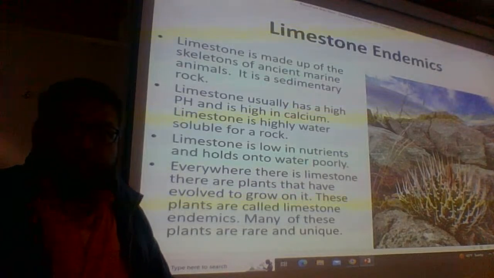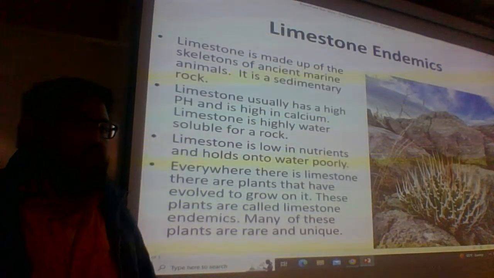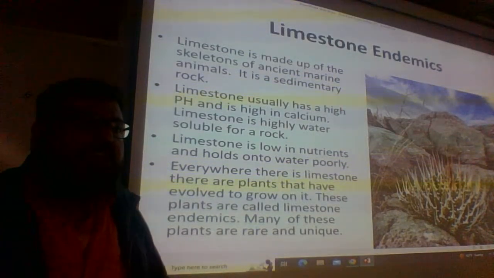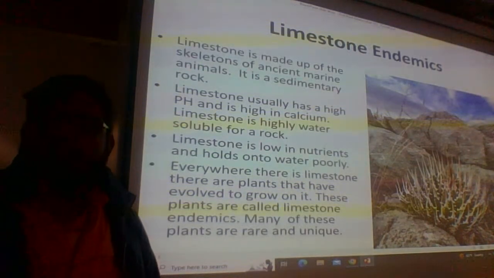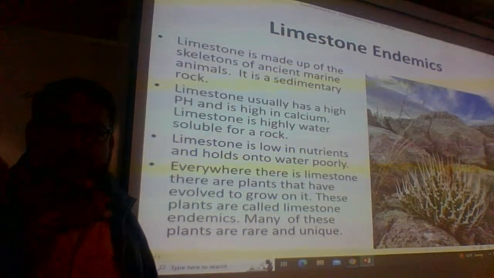No competition. So the oldest trees in California, the bristlecone pines, which are like 5,000 years old, also grow on limestone. And the reason is there's no other trees on these mountains with this rock. If there were other trees there would be fire, there would be diseases and pests.